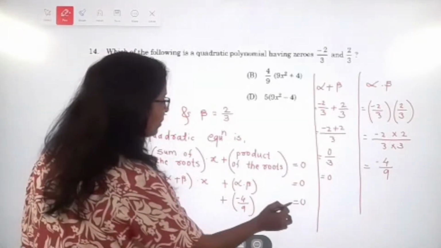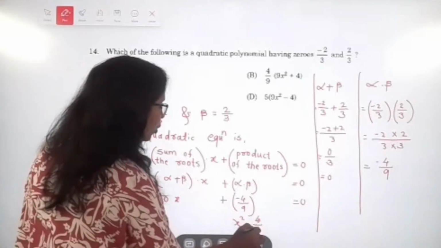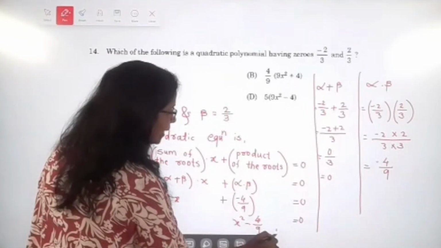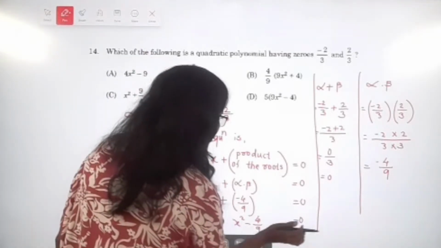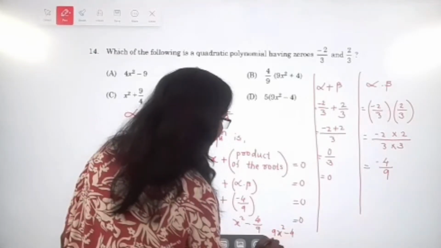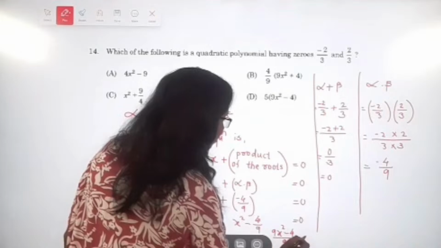In the simplified manner, we can write x square minus 4 upon 9, which is equal to 0. So now I write 9x square minus 4 divided by 9, which is equal to 0.